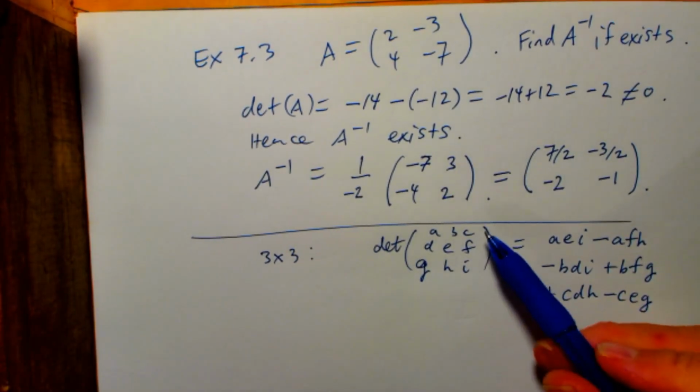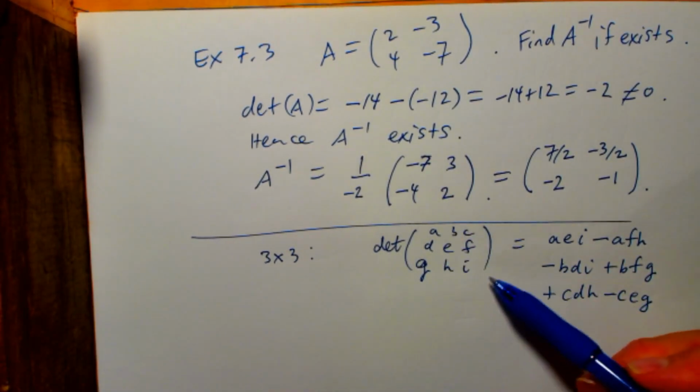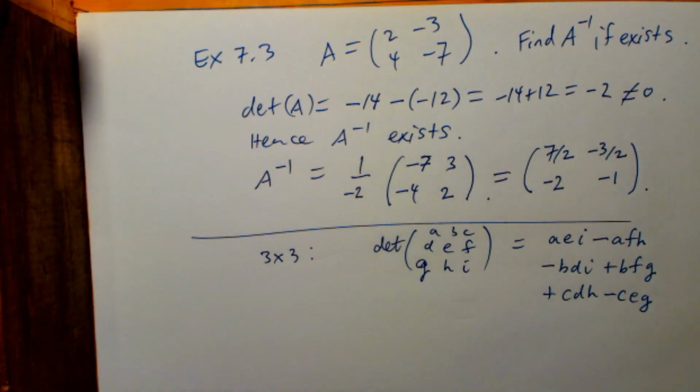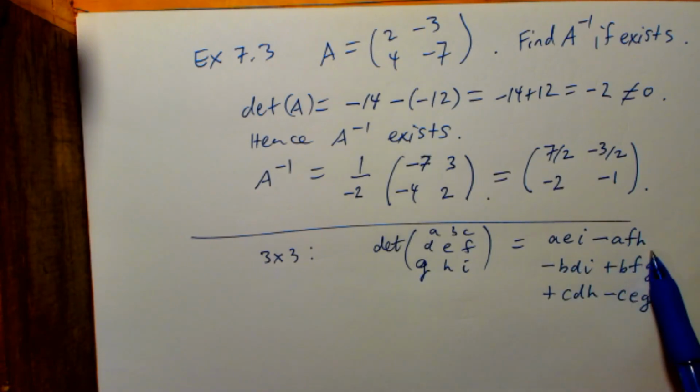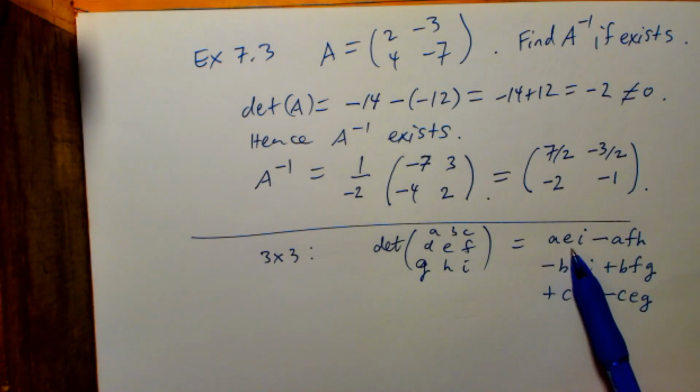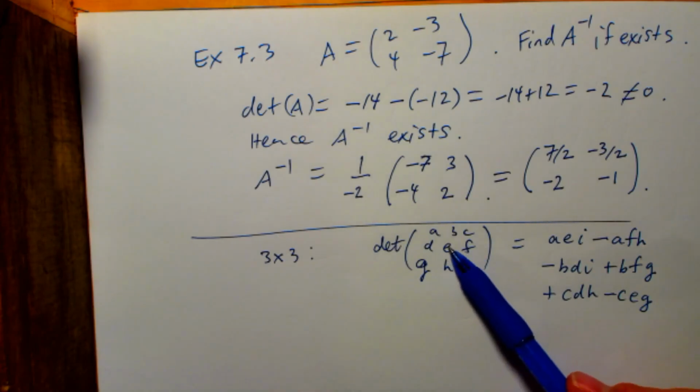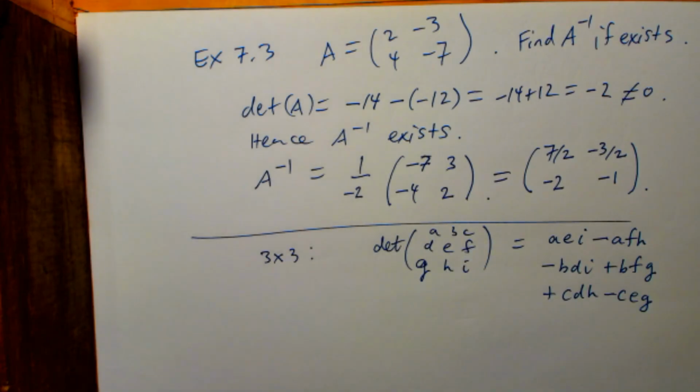But you can work this out yourself because you know how to calculate the determinant of a 3 by 3 matrix, right? So, for example, if you factorize the A out of this first piece, you see that this is the determinant of E, F, H, I. Okay? So you know how to do that.